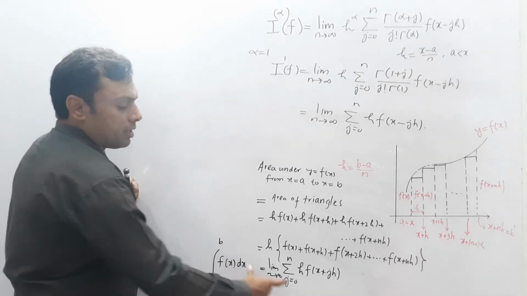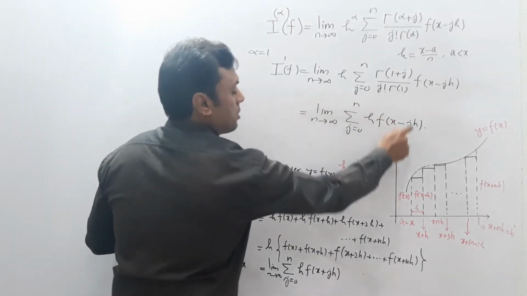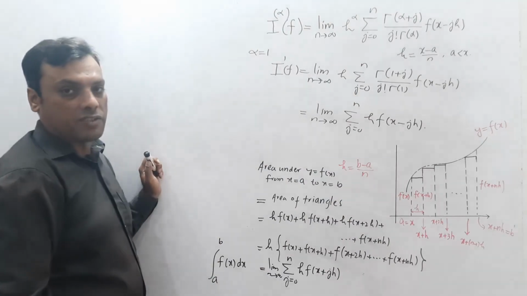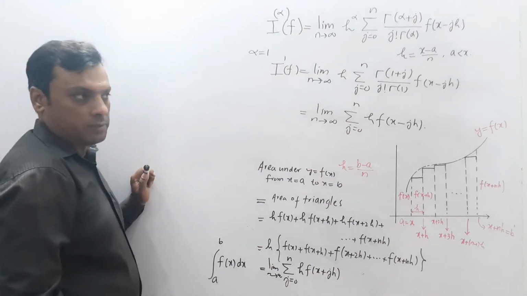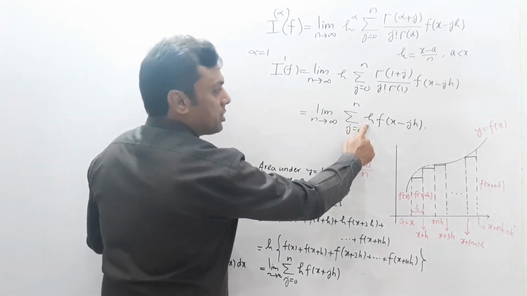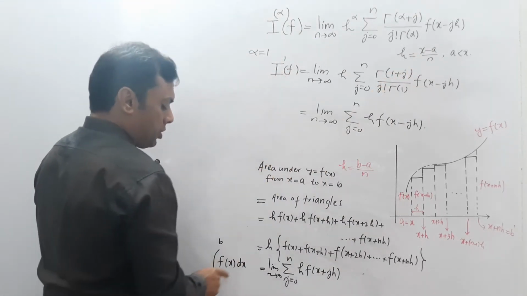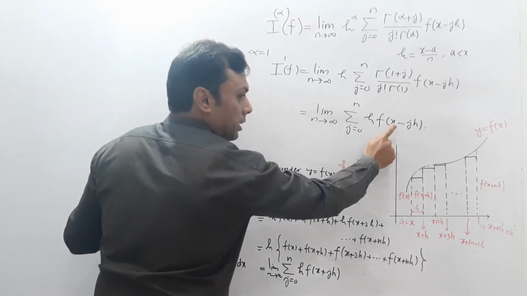You can see that this expression is very similar to this expression, with the only difference of a negative sign. So this will be equal to some integral. Here we see that our h is x minus a over n. So we need to figure out what our limits are and how we can figure out the integral.